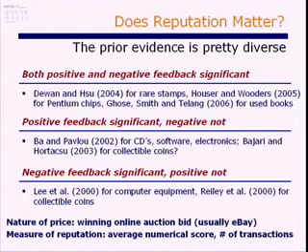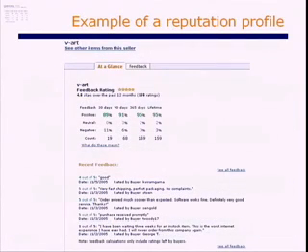And the measure of reputation tends to be fairly one-dimensional. There's either a numerical score, maybe how many transactions, but it's taking something that is capturing a fairly rich multidimensional characteristic of a seller and reducing it to a number between 0 and 5. So if you look at this reputation profile, you'll see that yes, there are numbers associated with it.